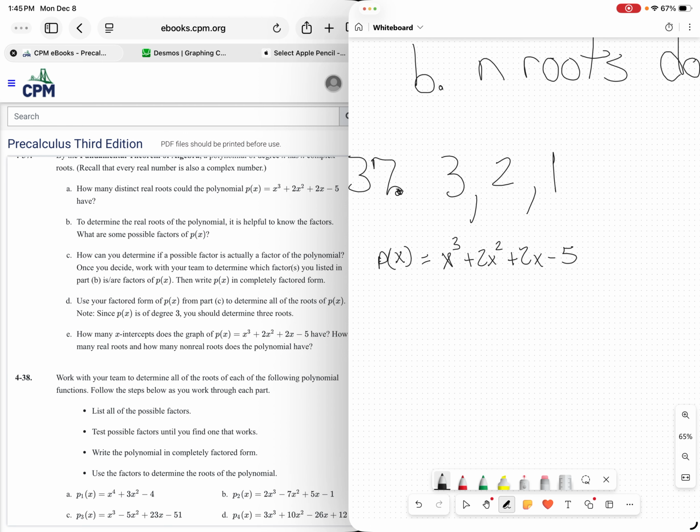So we take factors of the last number, or that last term, right? Divided by factors of the leading coefficient, or the first number.